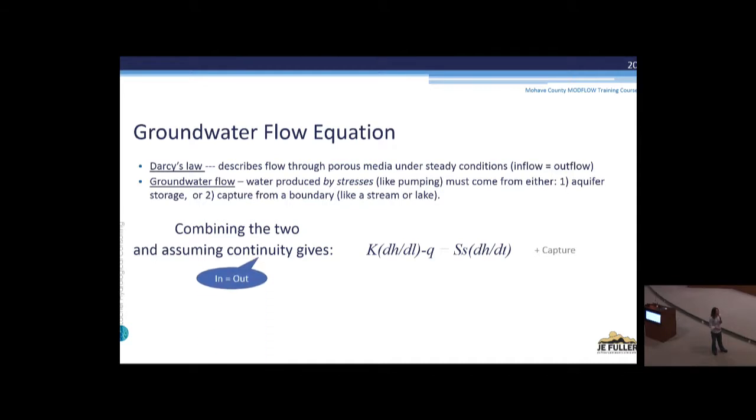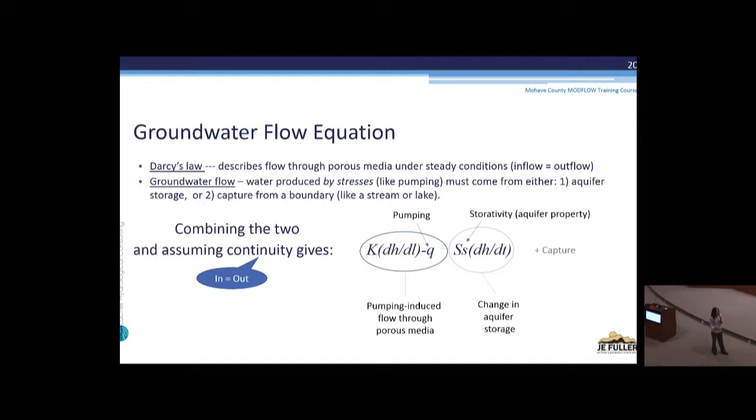You have to assume continuity, so in equals out. Pumping is induced through porous media on the left, and on the right, that storage term represents the aquifer properties that release water when the aquifer is pumped. So there's a certain quality to the way the aquifer works, and that's reflected in this term storativity, and it's about how much water can be released per foot of head drop in the aquifer. So that's the fundamental equation.